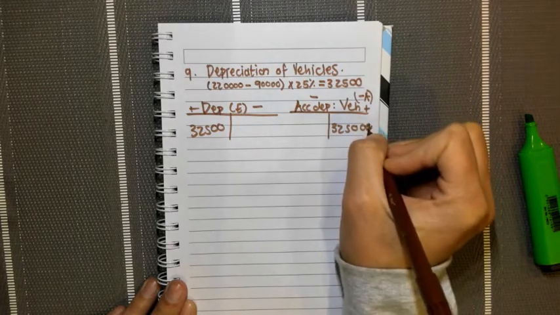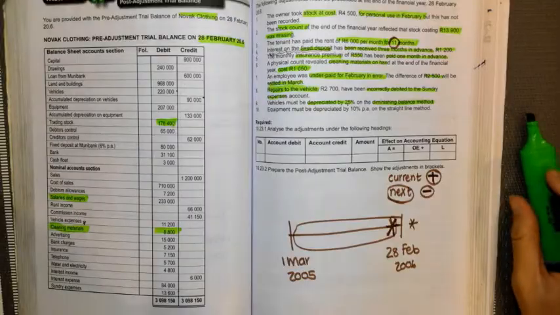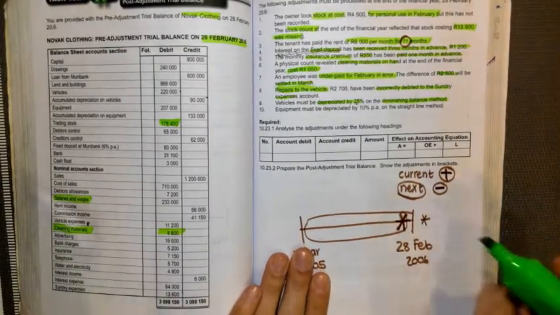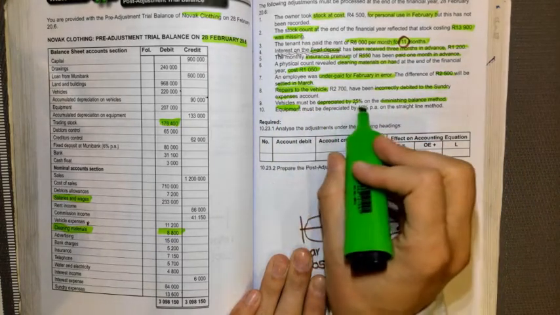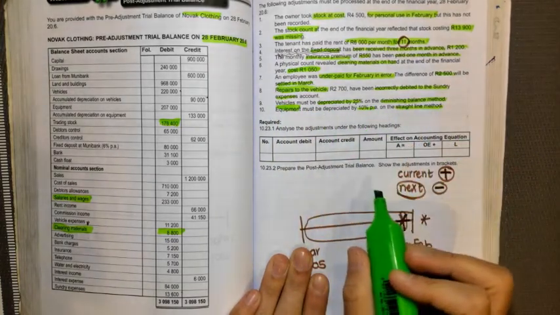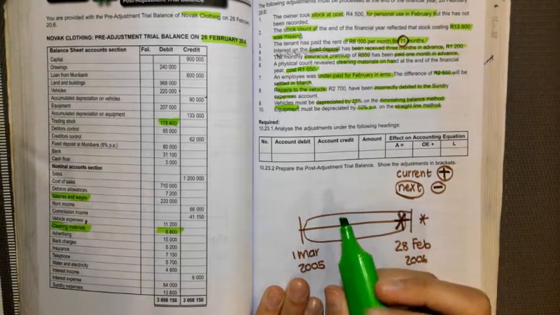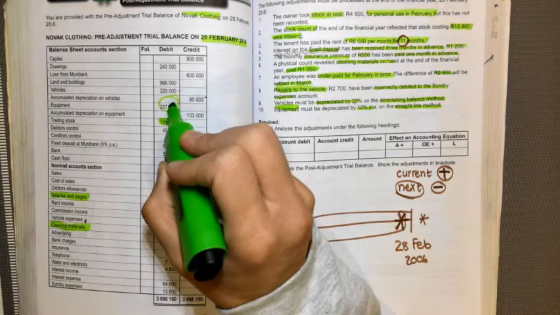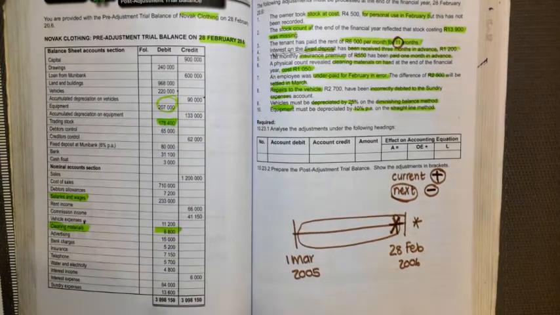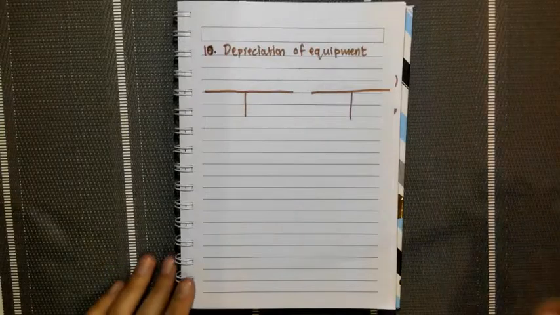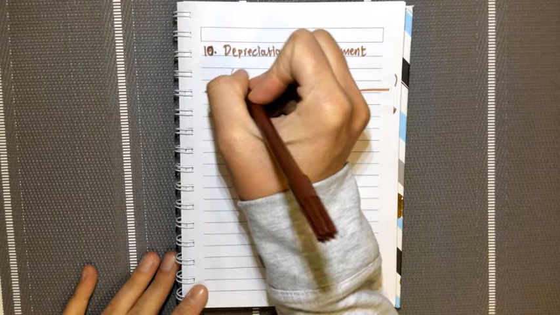The last transaction, pretty straightforward. Equipment must be depreciated by 10% on the straight line method. Straight line, straightforward, easy. You just take the cost of equipment and you multiply it by the percentage. So for this one, your calculation would have been the cost price of equipment, which was 207,000 Rand, multiplied by the depreciation rate of 10%.